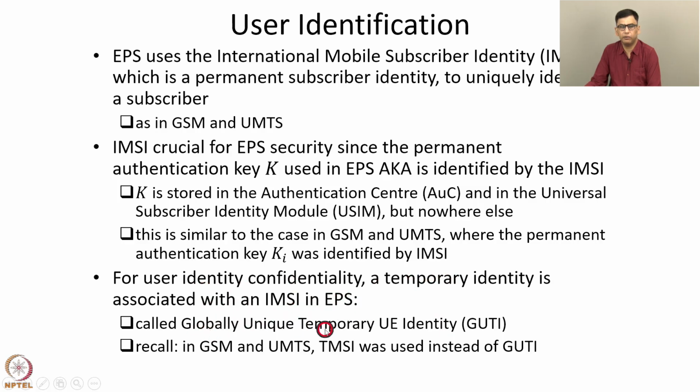So, in GSM and UMTS, TMSI was used instead of GUTI. GUTI in EPS performs a similar function, that is, it makes it difficult for an intruder to identify the subscriber and track the subscriber, since a temporary identifier is used for the SIM card instead of using the permanent identifier, the IMSI.